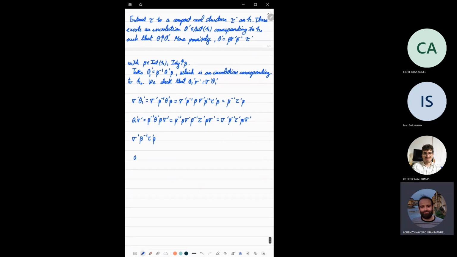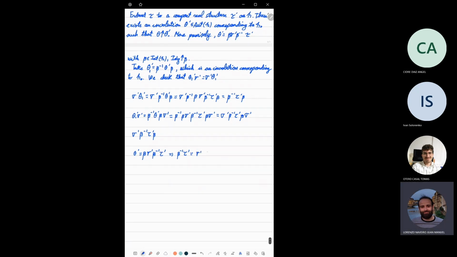Let's see, we have theta prime is equal to beta sigma prime beta minus 1 tau prime. So we can, for example, recognize this beta minus 1 tau prime as the last factor here. This means that beta minus 1 tau prime is equal to sigma prime beta minus 1 beta prime.